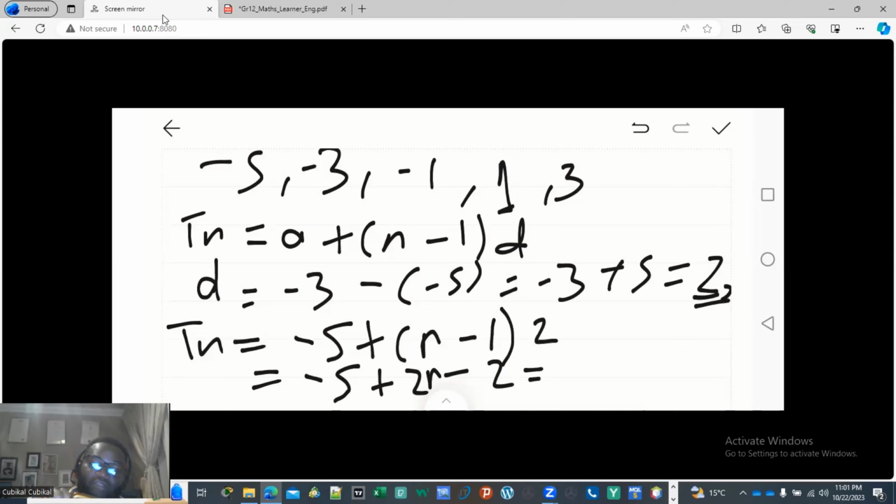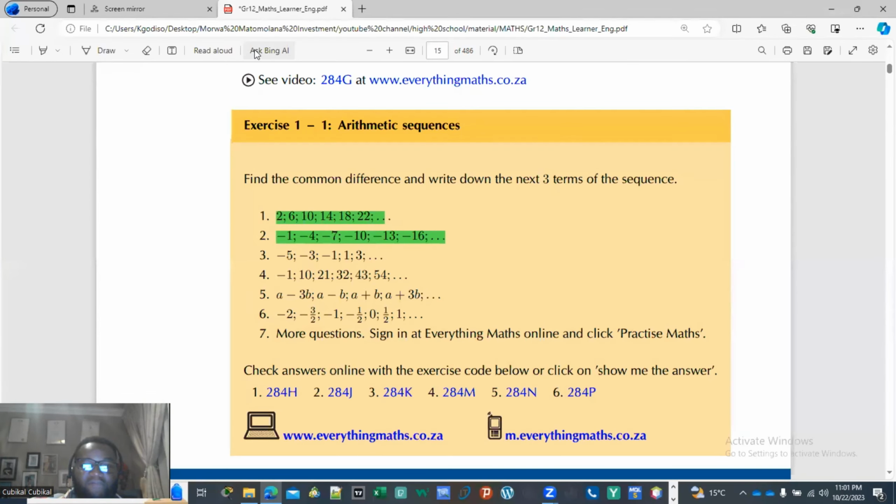Then we're going to get minus 5 minus 2, and we're going to get 2n minus a 7. So that is what we're getting as the general term for this one.